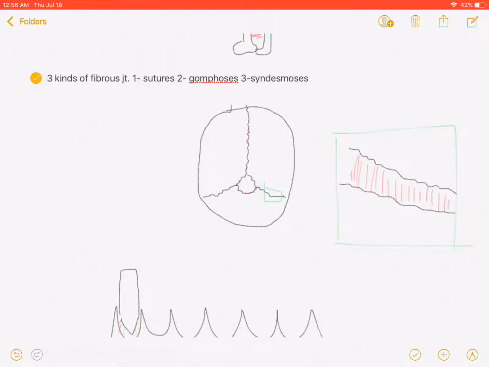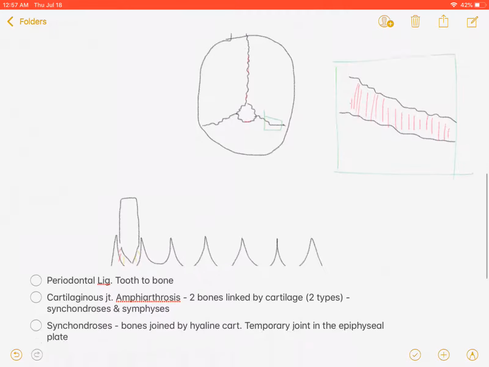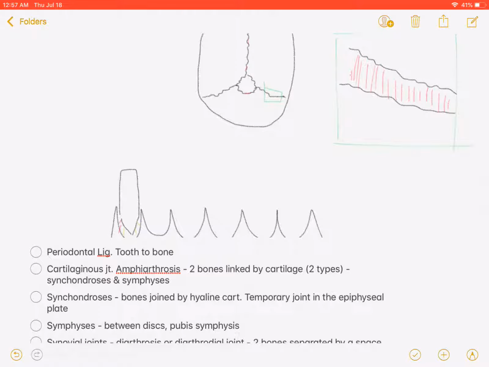Your sutures, you find them in the skull. I did this green square between the parietal and the occipital bone. We see on the right where you can see the joint on the sutures, the fibrous joint. The gomphoses, it's just tooth to bone.